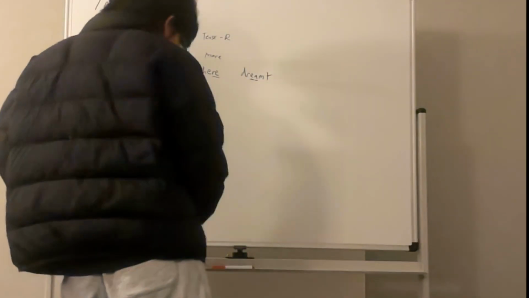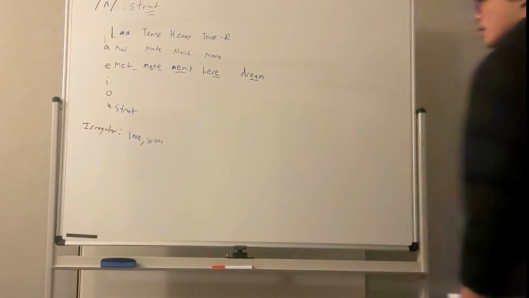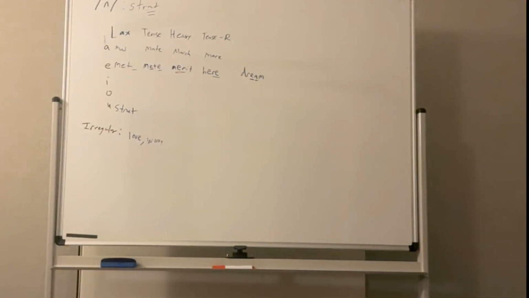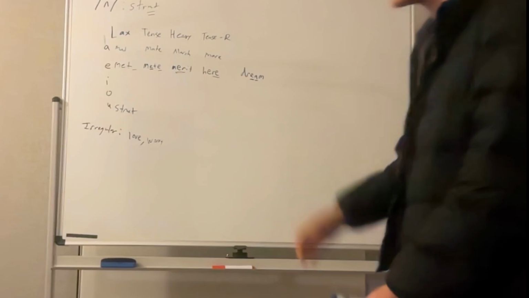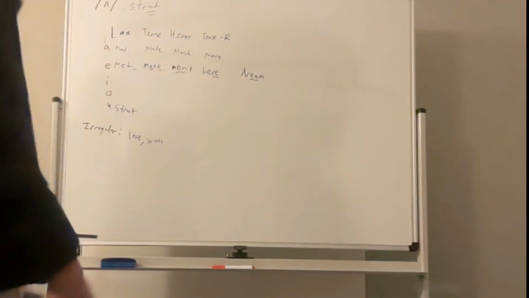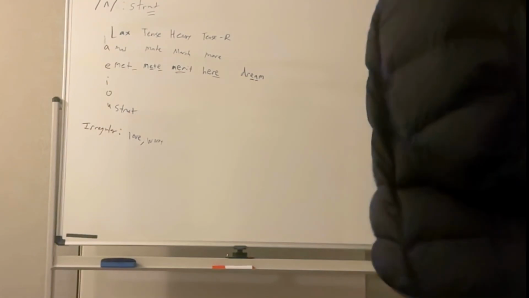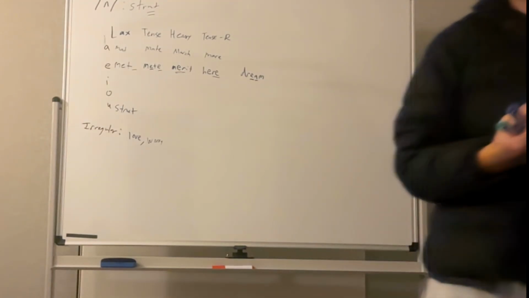But you can't. Dream and realm. But EA is actually an exception because it can be both lax and tense. But a lot of digraphs cannot be both lax and tense.